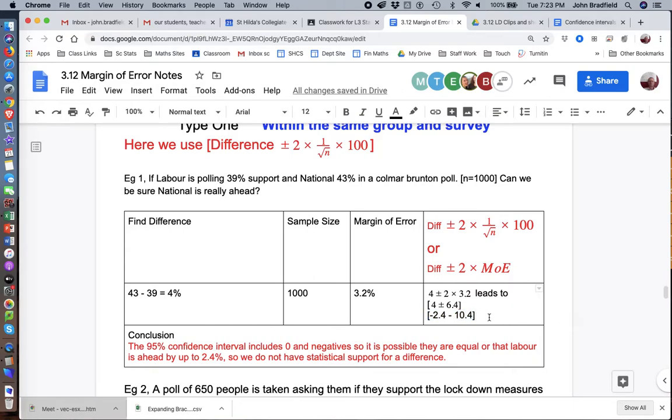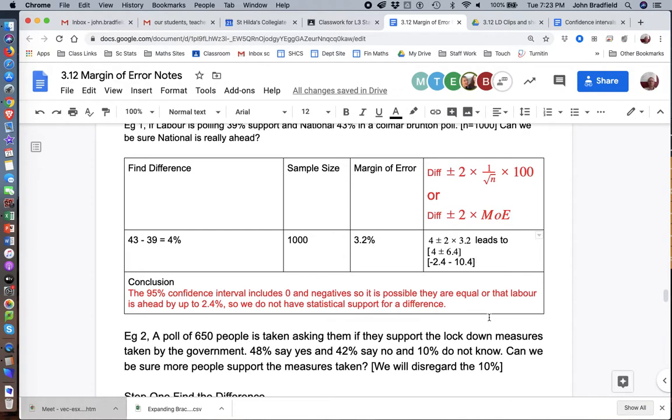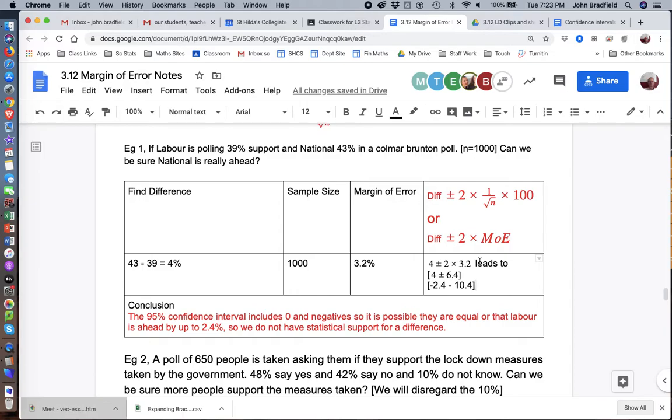Now, this is a confidence interval for the difference, and interpreting it is important. The 10.4 implies, in this case, because we're looking at National being ahead of Labour, that at the maximum, if we apply a margin of error, National could in fact be up to 10.4% ahead.